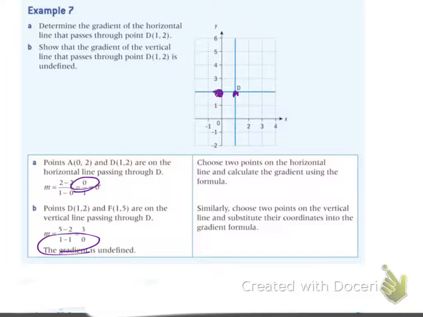It's at D, and then at 1, 0, you end up getting the fact that 1 minus 0 is 1. And 0 divided by anything is still 0. So it works itself out. Do the math. Either make your triangles if you want to use rise over run, or use the formula. Don't get your points mixed up.